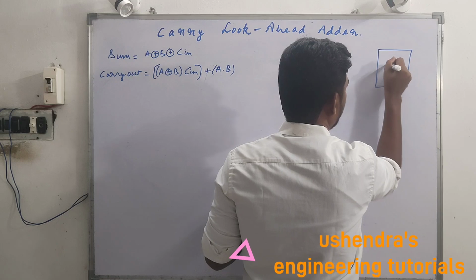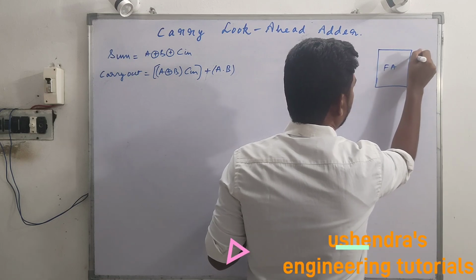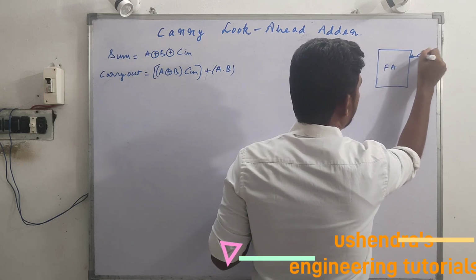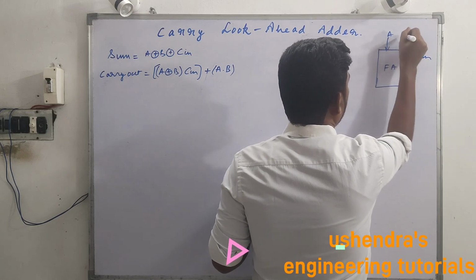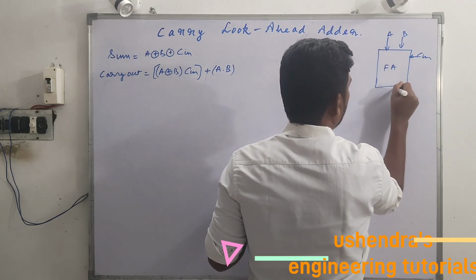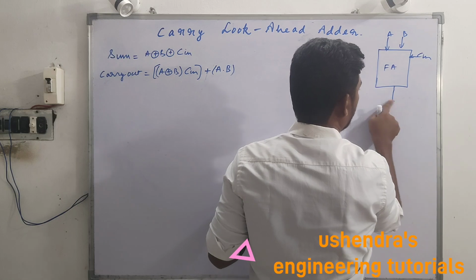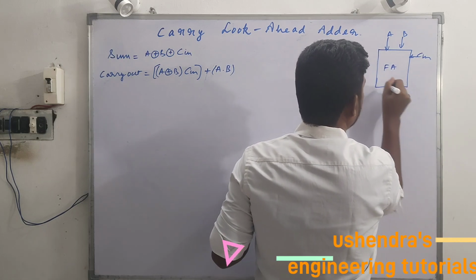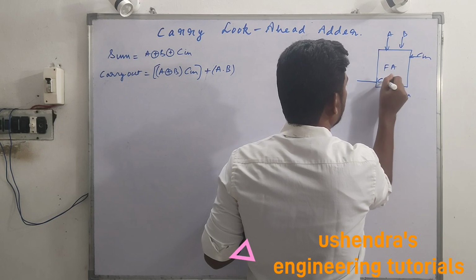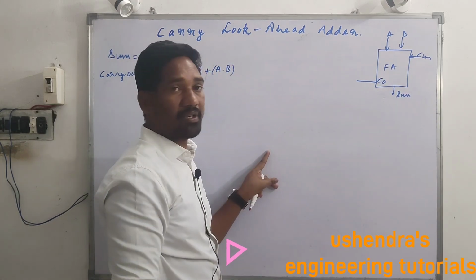A full adder has 3 inputs, Cin, A and B. The outputs from a full adder are sum and a carry out, Cout.